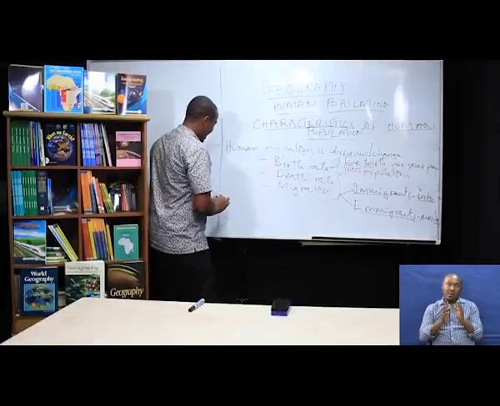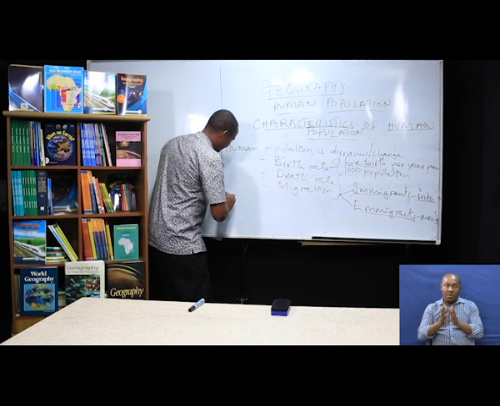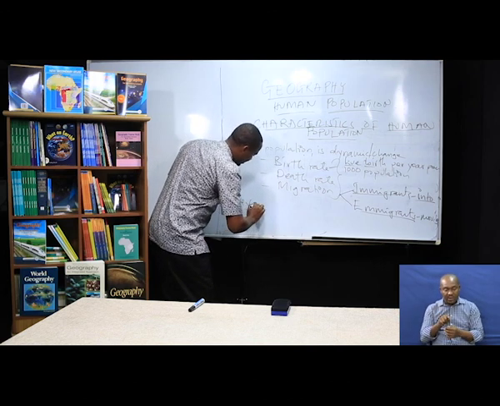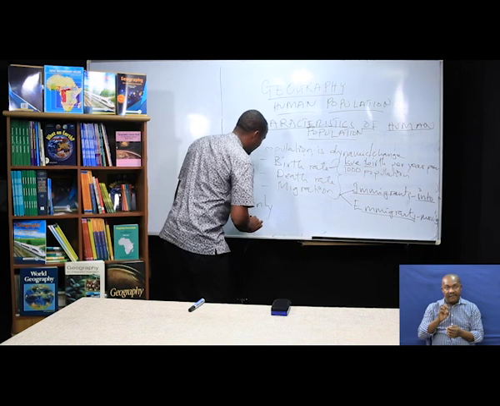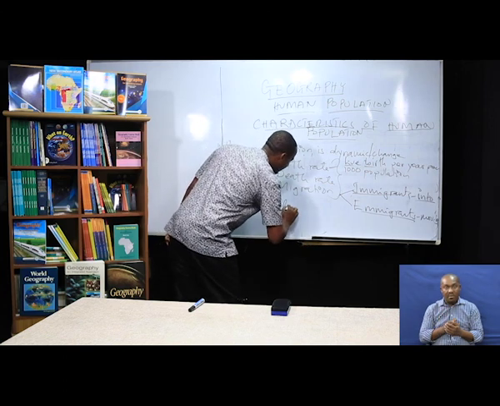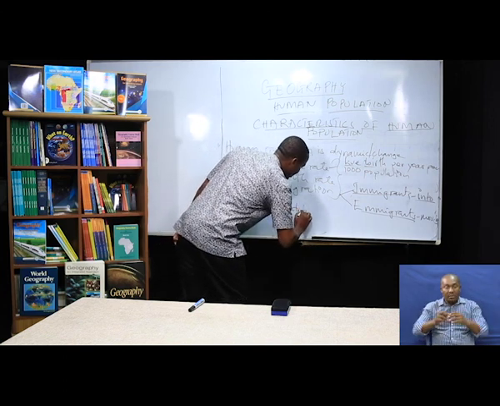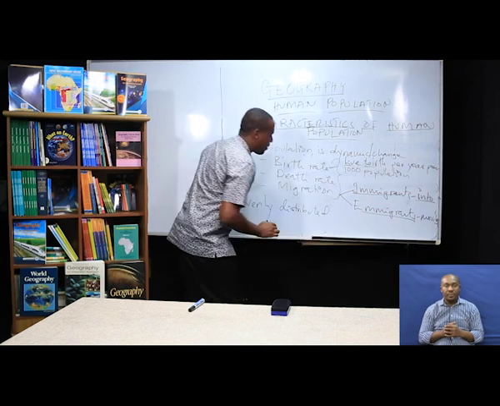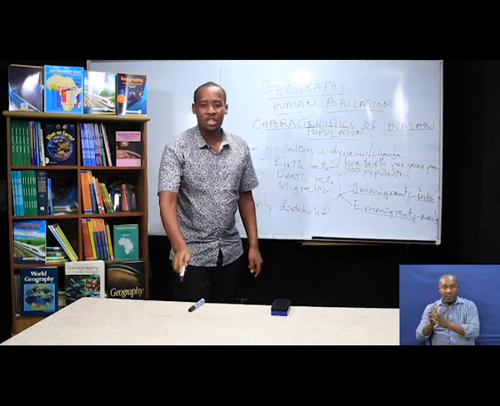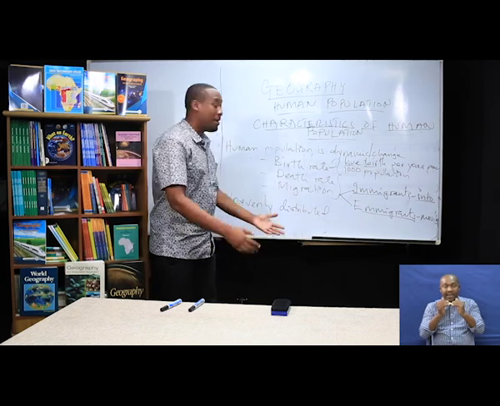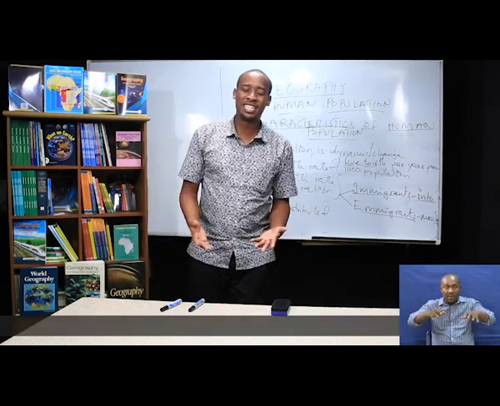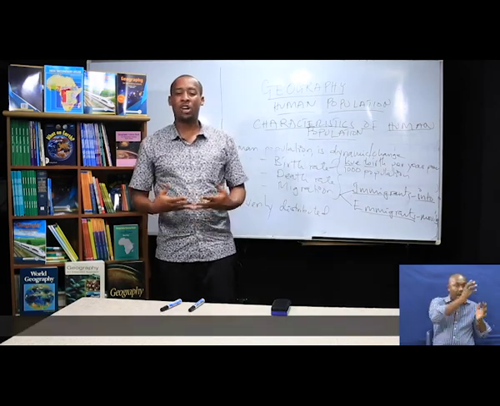Human population is unequally distributed. That means some areas have a high population while some areas have a low population.